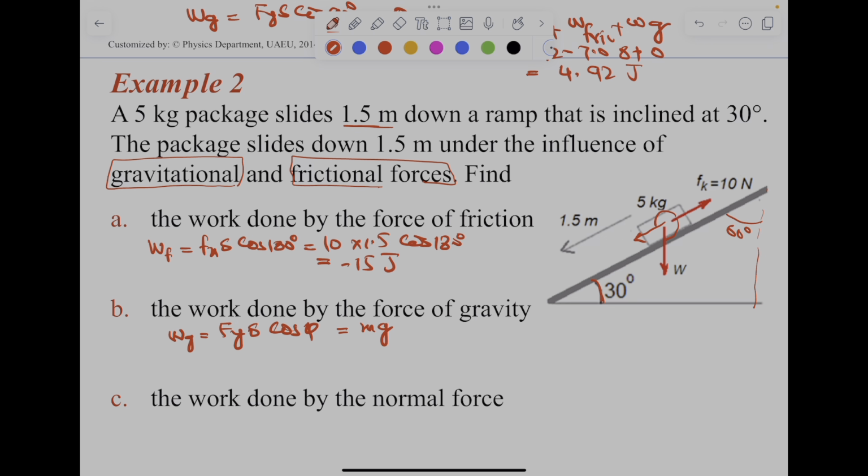S is your distance and cosine of 60 degree. So you get 1.449 multiplied by 1.5 multiplied by cos 60.